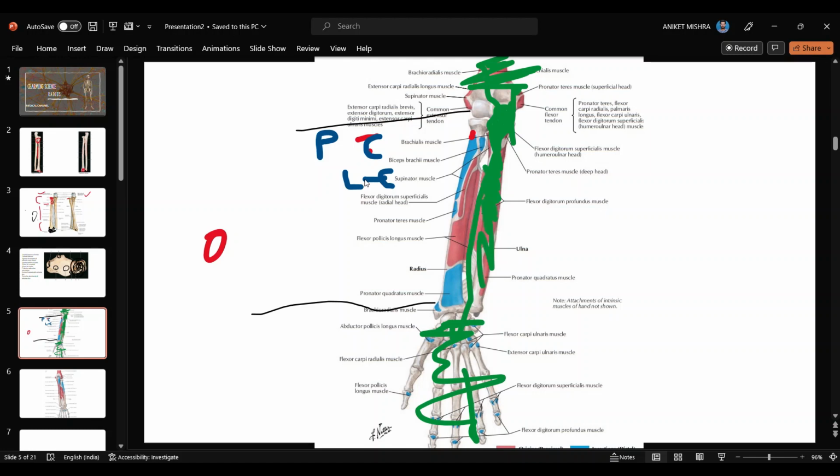When we look at the flexor digitorum superficialis, it originates from the radial head, below the radial tuberosity. It takes origin from the anterior oblique line and the upper end of the anterior border.